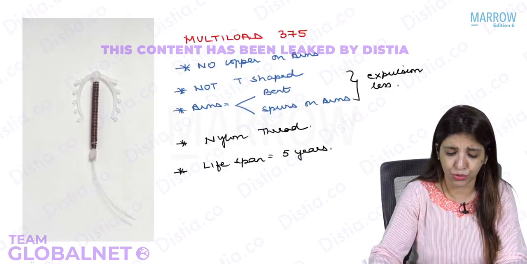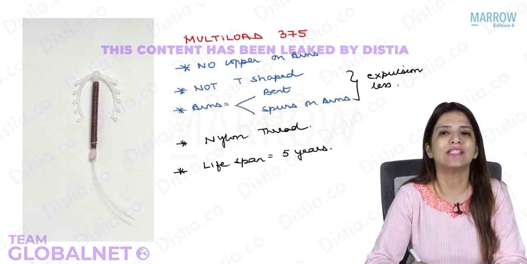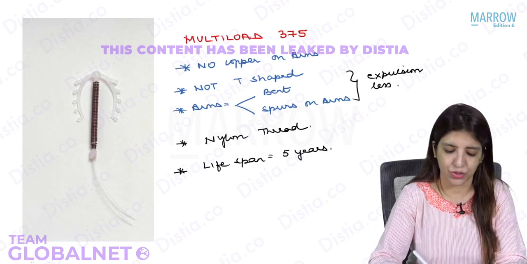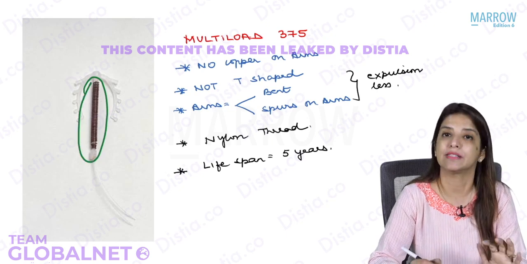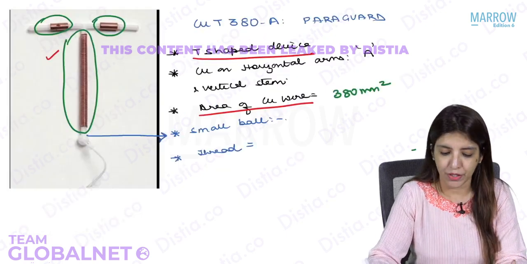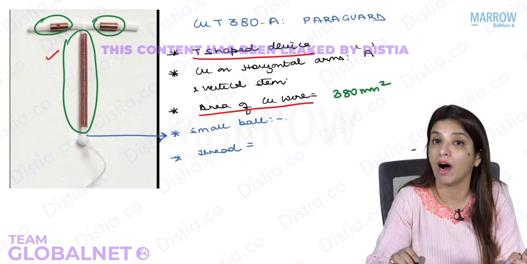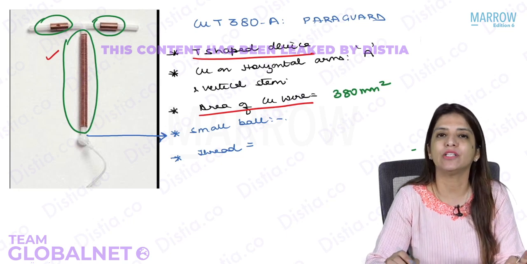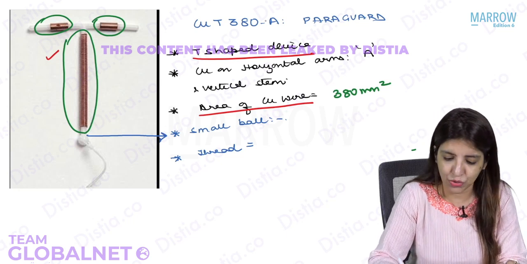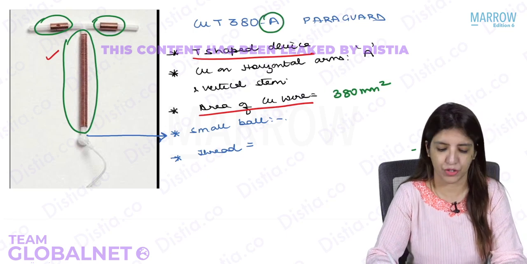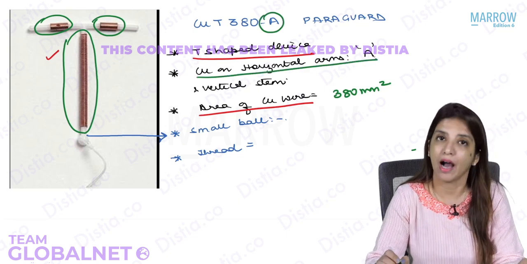Whereas, when I show you the next IUCD, you will see copper is present only on the vertical stem, right? So, because copper is present on the horizontal arms, that is why it is copper T380A. Right, so this A stands for the fact that copper is present on the horizontal arms.